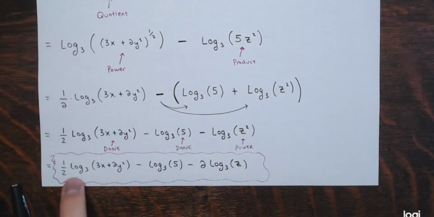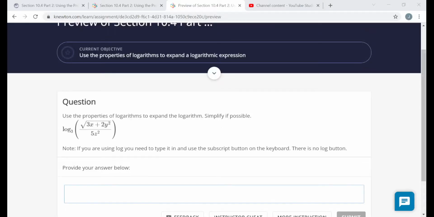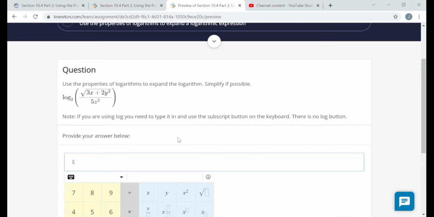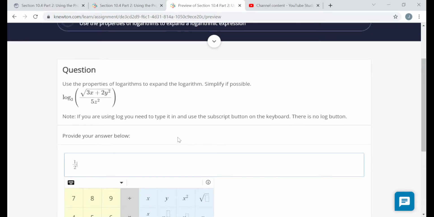Alright, so I'll enter this back in the assignment. We have a totally blank space. We have 1/2 times the log base 3, go to the subscript, and then inside that first log we had 3x plus 2y squared.